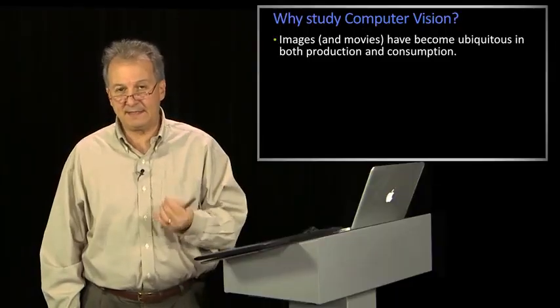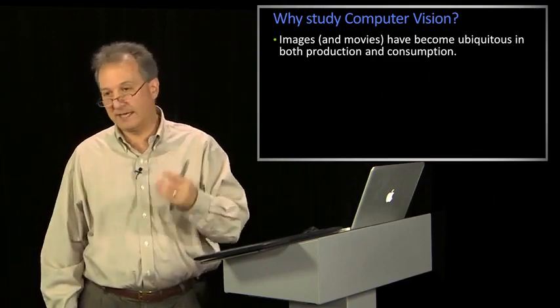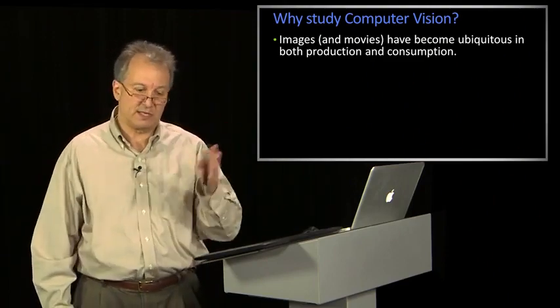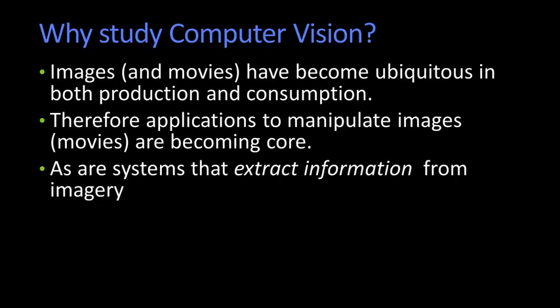But there's actually some really good reasons to do that. These days, images and imagery have become ubiquitous in all of our technology. Cameras, video, you can stream them, you can send them, etc. So what's become fundamental to an awful lot of systems is the manipulation and the processing of imagery and extracting information from that.